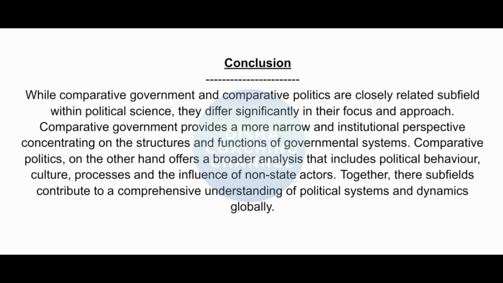Comparative politics, on the other hand, offers a broader analysis that includes political behavior, culture, processes, and the influence of non-state actors. Together, these subfields contribute to a comprehensive understanding of political systems and dynamics globally.